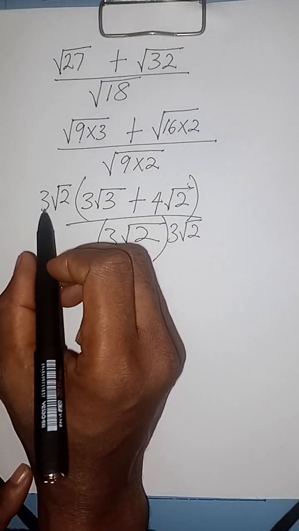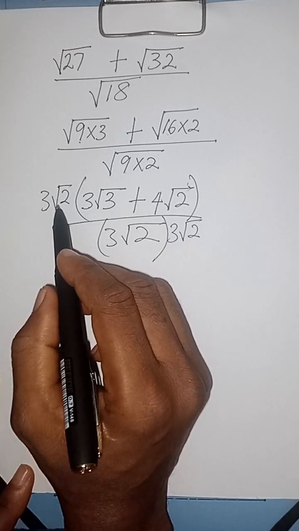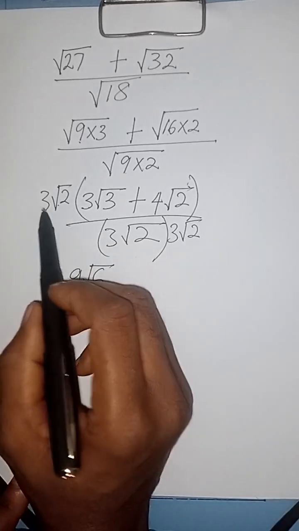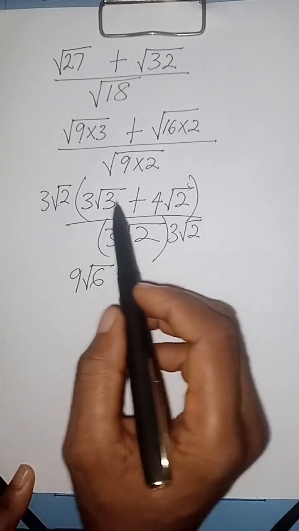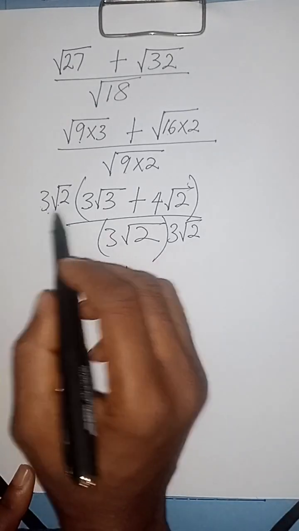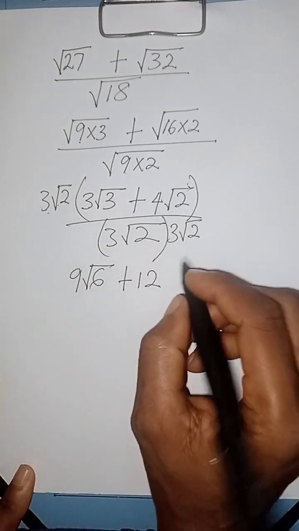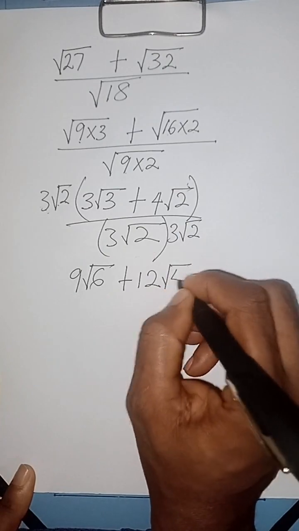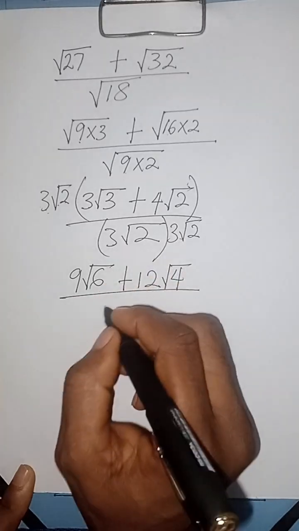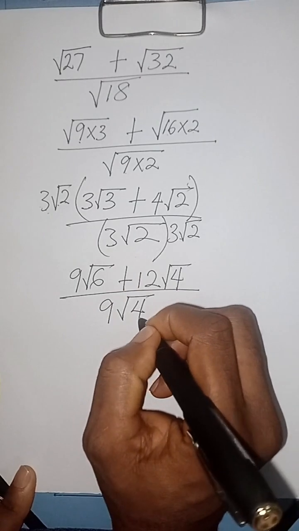So let's multiply. 3 times 3 is 9, root 2 times root 3 is root 6. Plus 3 times 4 is 12, root 2 times root 2 is root 4. Divide 3 times 3, it's 9. Root 2 times root 2 gives you root 4.